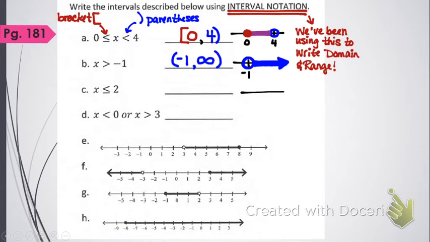What would C look like graphed on a number line? Closed circle at 2. Shaded to the left. And it would never stop on its way to the left. So what's the smallest thing that I have shaded here? The smallest thing that I have shaded on a number line would be things on the left side of it, right? Infinity.